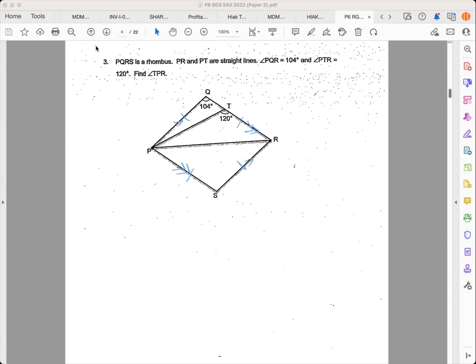PQR is 104, PTR is 120, find TPR. So they're looking for this, right? Because this is a rhombus, this side is equal to this side. Therefore, triangle PQR is an isosceles triangle.